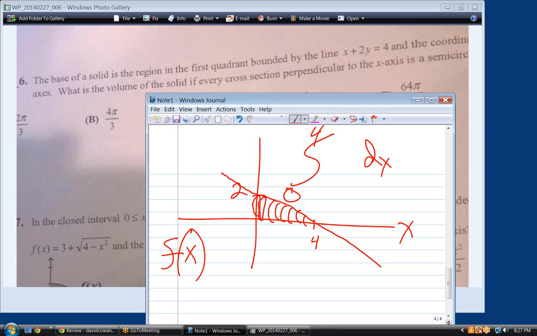So the area of that semicircle is pi r squared, right? Divided by 2, actually, because it's a semicircle. So I'm going to sum up all of these, and r is f of x divided by 2, correct? Yeah. So in place of r, let's write f of x divided by 2.